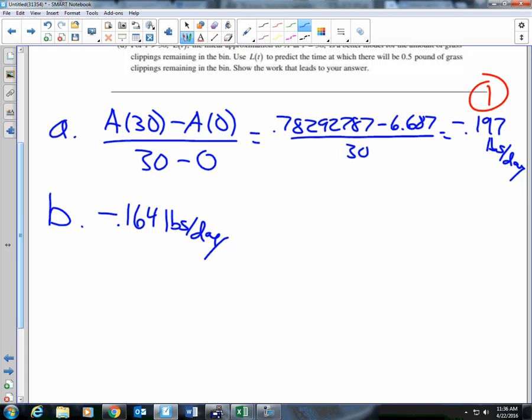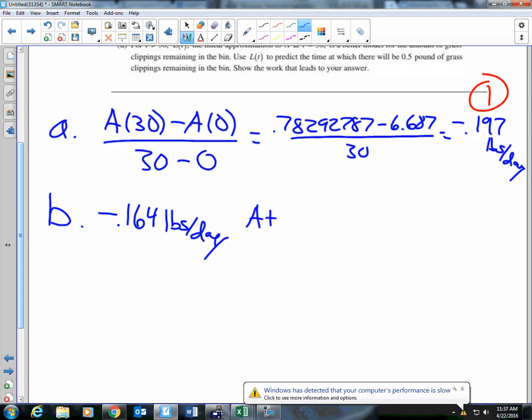Now, the question is, what does that mean in context of the problem? Good statement, not entirely correct. We're still indicating an amount. We need to make a statement about rate.